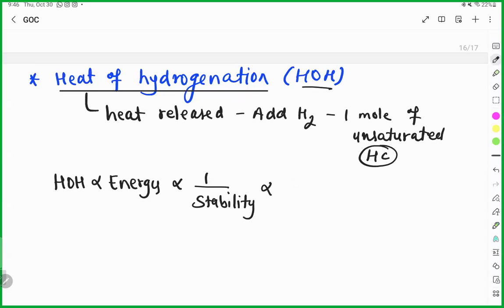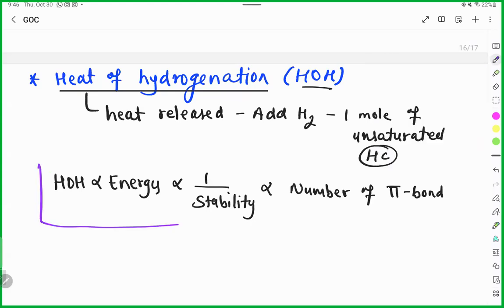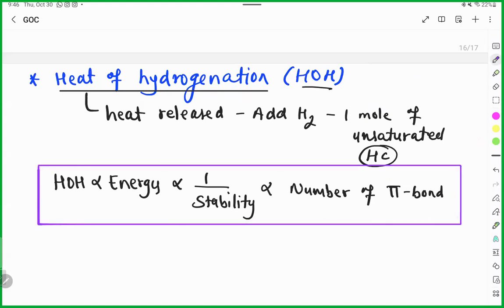So it directly depends upon the number of pi bonds. More number of pi bonds, less stable and more energy. So this heat of hydrogenation, just remember this is a kind of energy, and you know the energy and stability relation already. Correct?